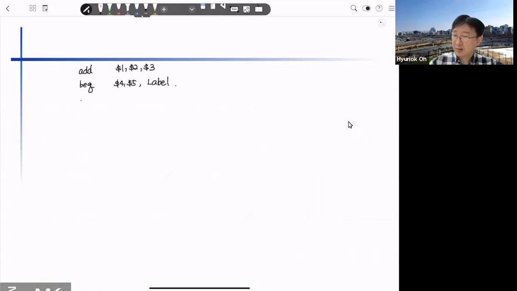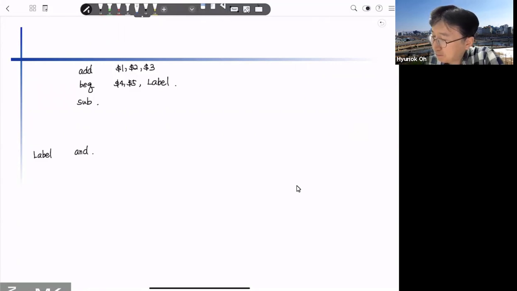And then there is a following instruction, and there is some place. Okay, so let's look at this case.